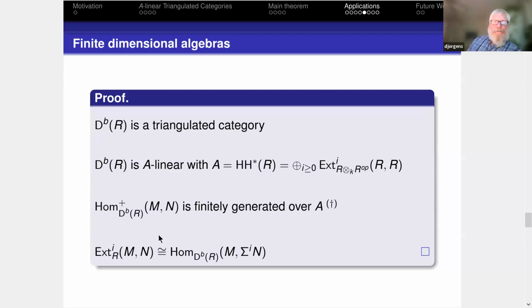So proof in this case: the bounded derived category is triangulated. So that's what you go to, the bounded derived category of this finite dimensional algebra. And this is an A-linear triangulated category where in this case, you can take A to be the Hochschild cohomology ring.